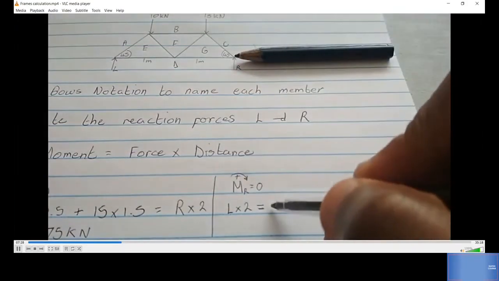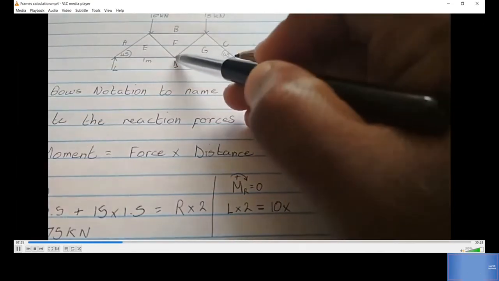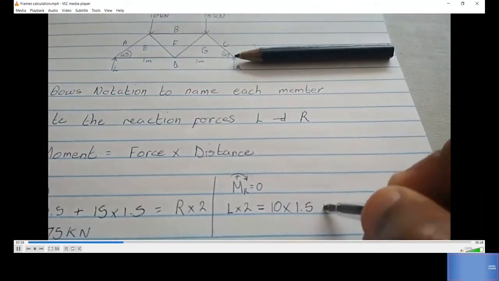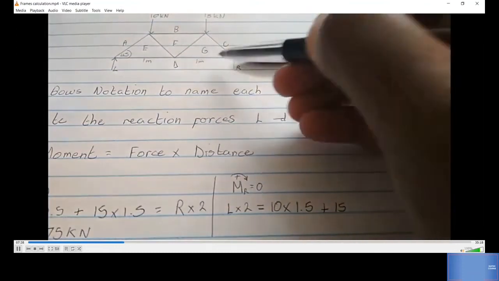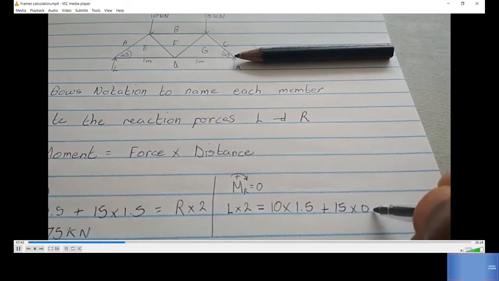So the first force is 10 times, it's at a distance of 1.5, plus 15, that's the one, it's at a distance of 0.5 from R.